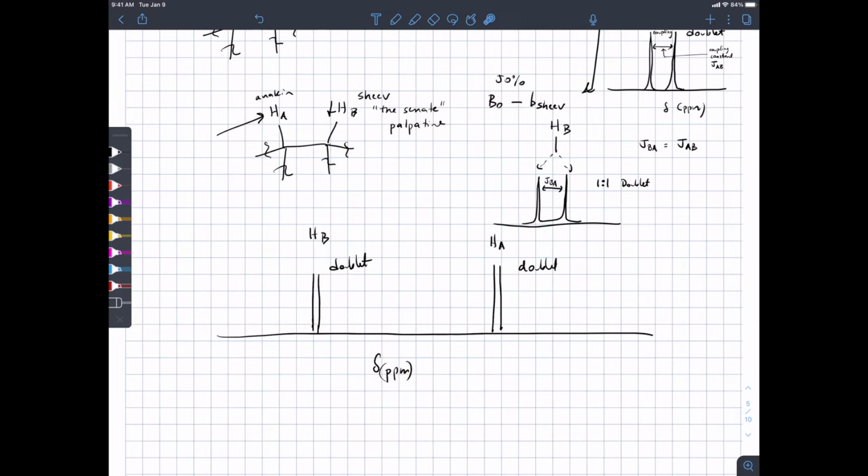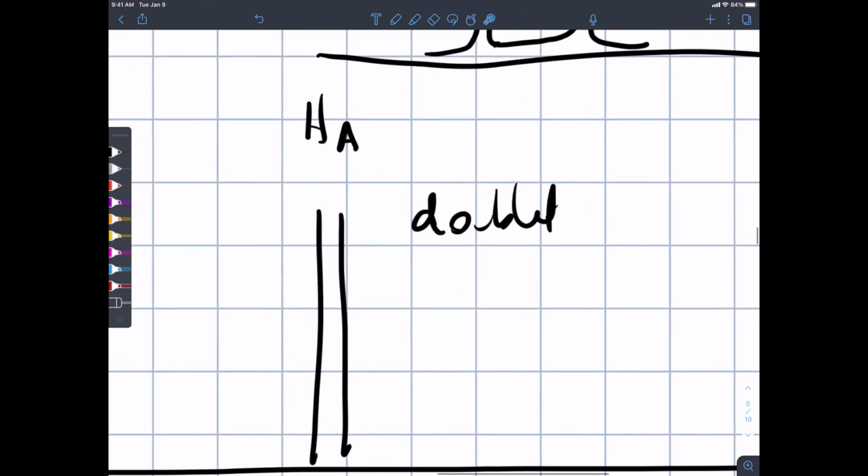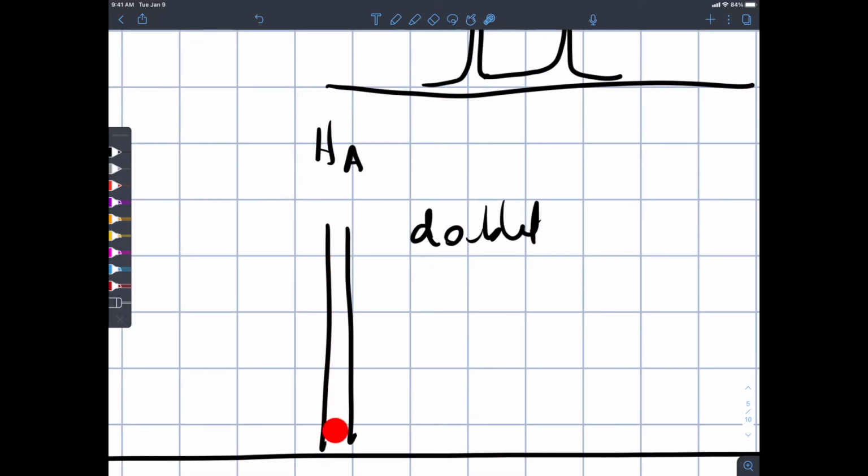Just like, what I'm thinking, we're looking for two really close together peaks. Uh-huh. And that tells us that there's two adjacent hydrogens. If I look at proton A, the fact that I see this doublet tells me proton A is adjacent to one and only one other proton.